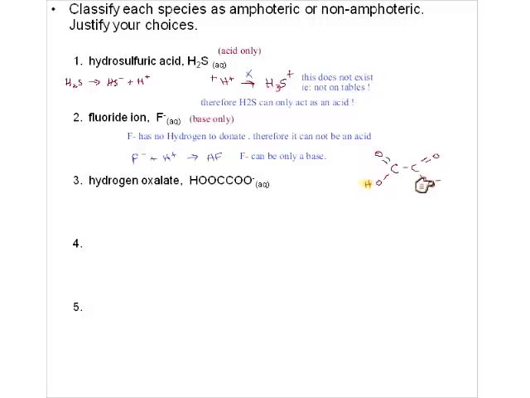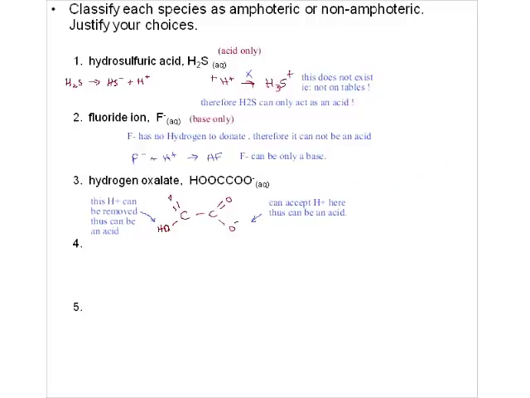And this O minus here is capable of attracting the hydrogen. So we can be an acid on this side, but a base on this side. So hydrogen oxalate can do both, and this guy can be amphoteric.